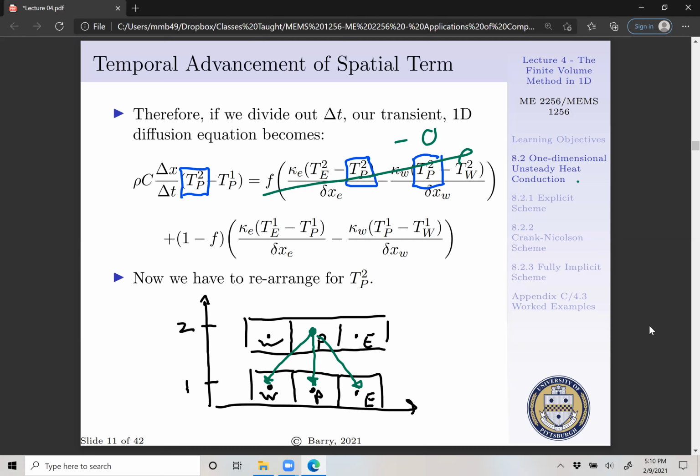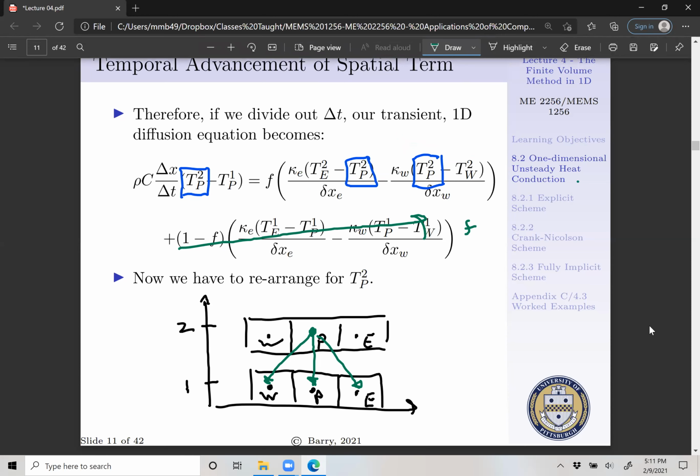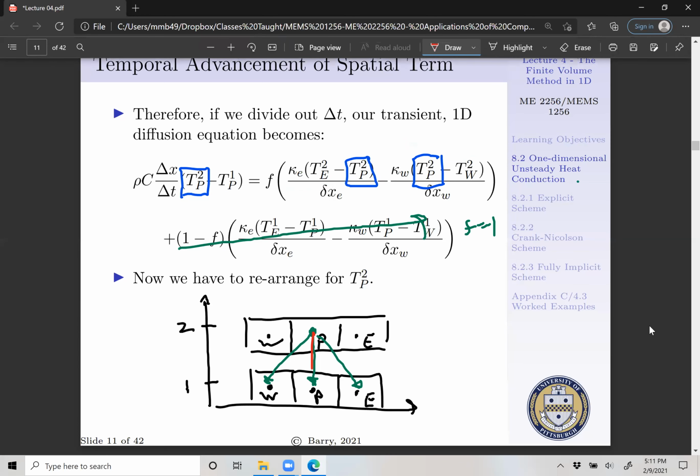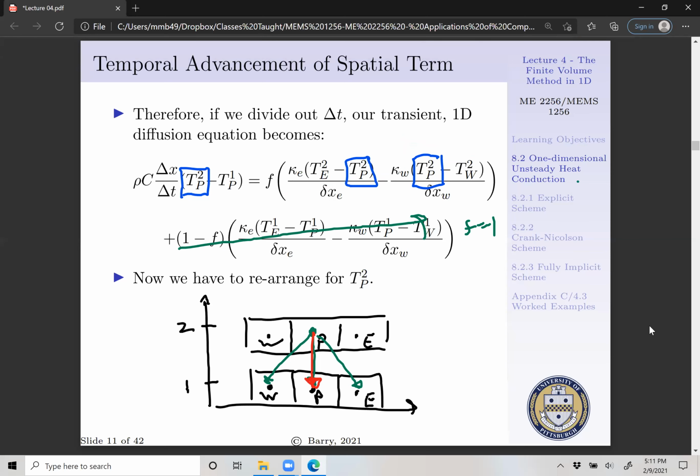Now, if this were fully implicit, say f is equal to 1, what I'm going to do is take the value from my previous time step, TP1, and then my solutions from left and right at my current time step. And right now you might go, well, hold on. As we apply our control volume to our domain, we're kind of moving our stencil from left to right in the x direction.